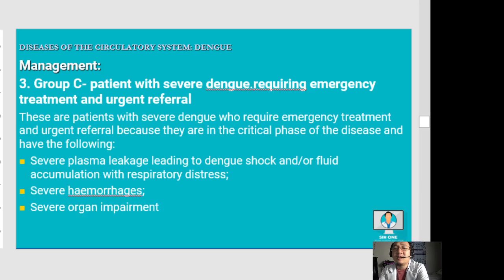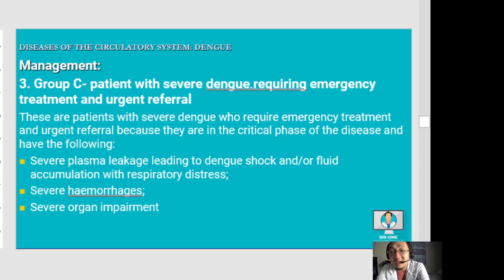For Group C, these are patients with severe dengue requiring emergency treatment and urgent referral. Okay, so these are patients with severe dengue who require emergency treatment and urgent referral because they are in the critical phase of the disease and have the following. Their plasma leakage is severe that can lead to dengue shock, and fluid accumulation is happening with respiratory distress.